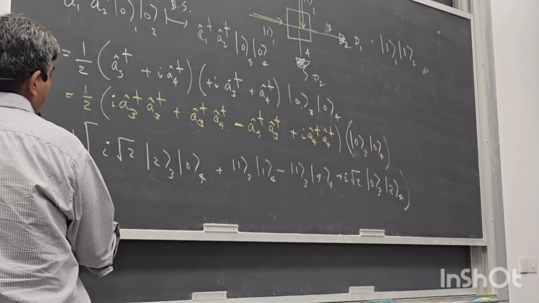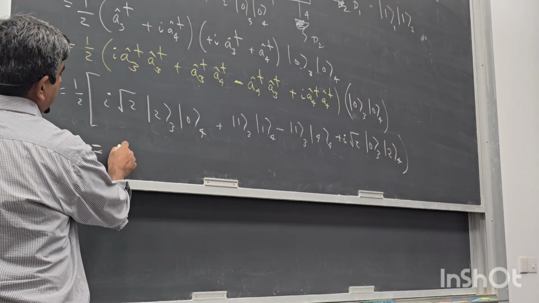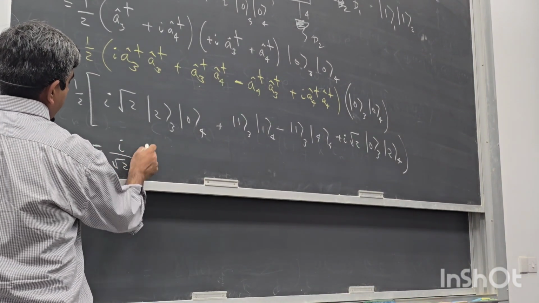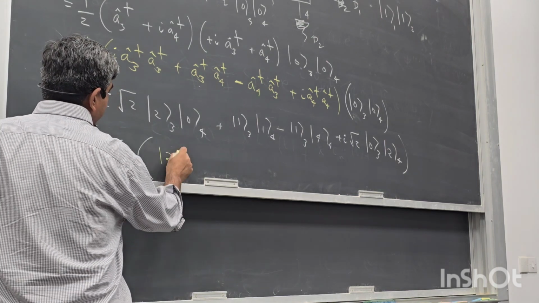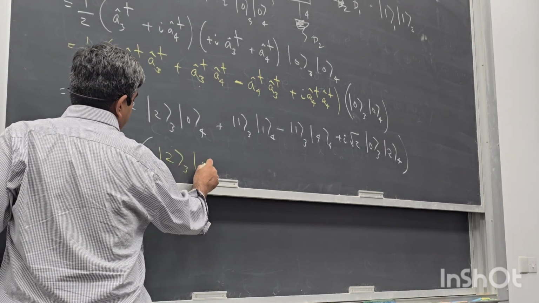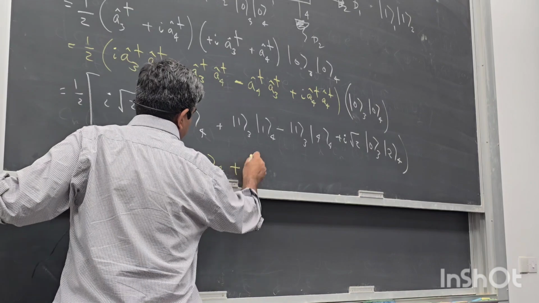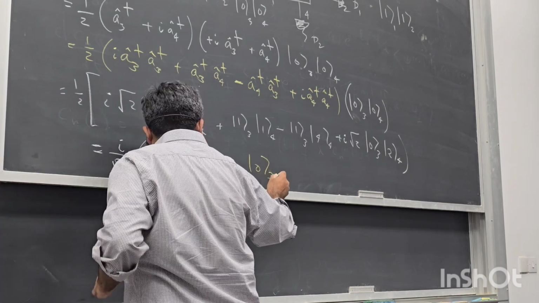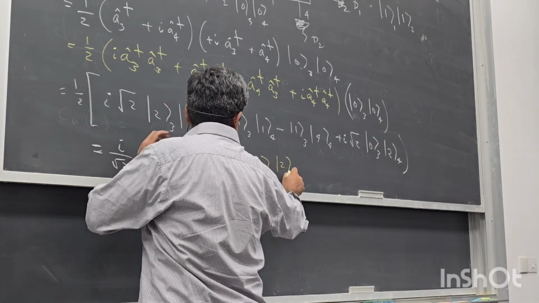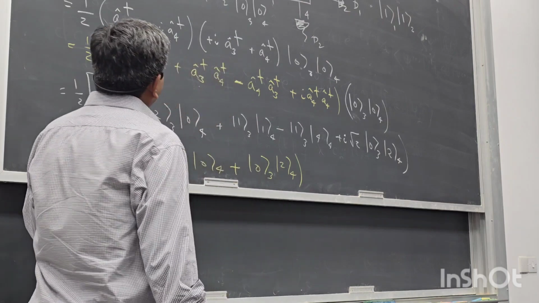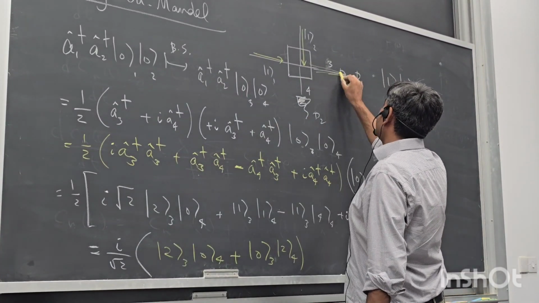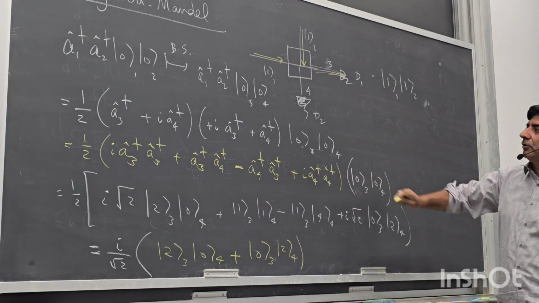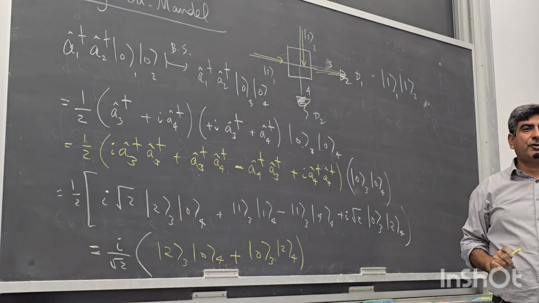All in all, I will get iota over under root 2, 2 photons in port 3 and none in port 4, or none in port 3 and 2 photons in port 4. So what's going to happen is that all of the energy is either going to be deposited on D1 or all of that energy is going to be deposited on D2.